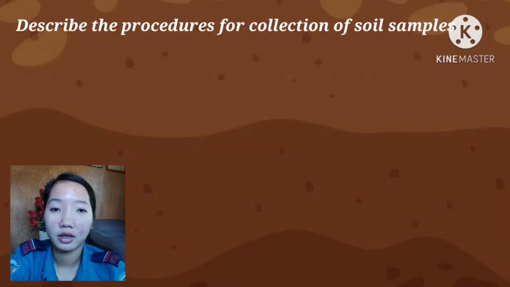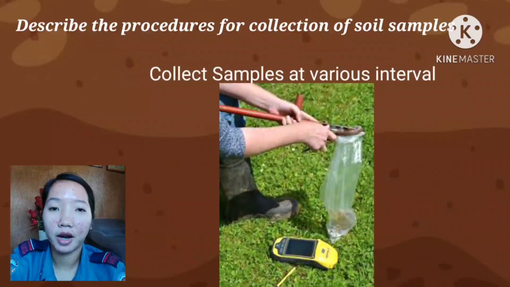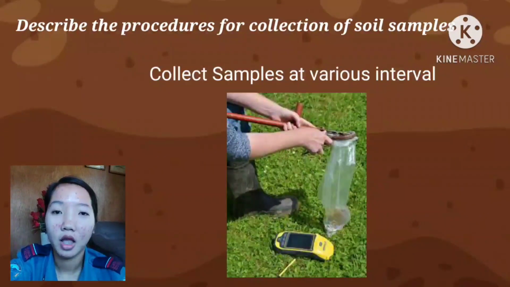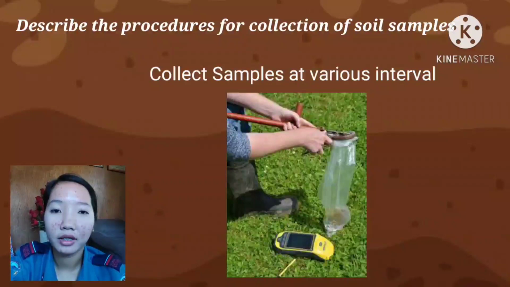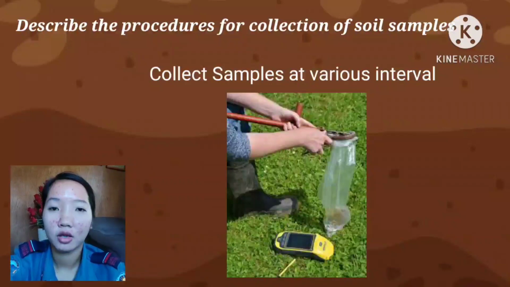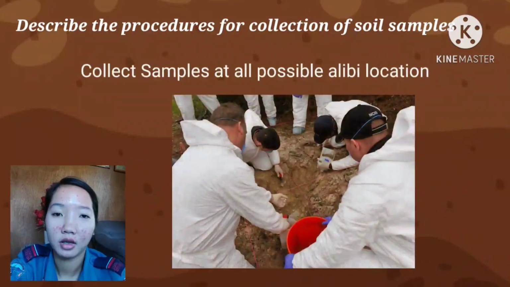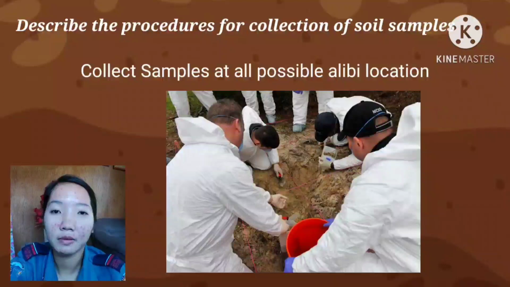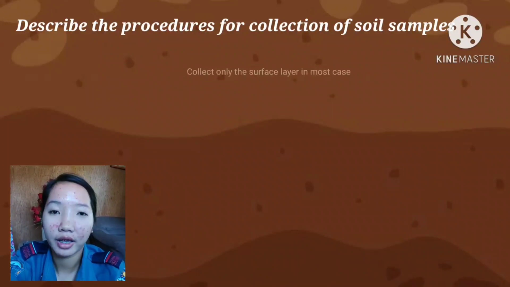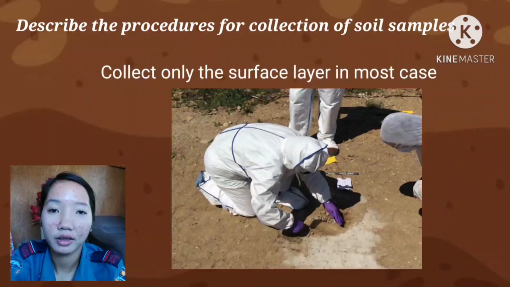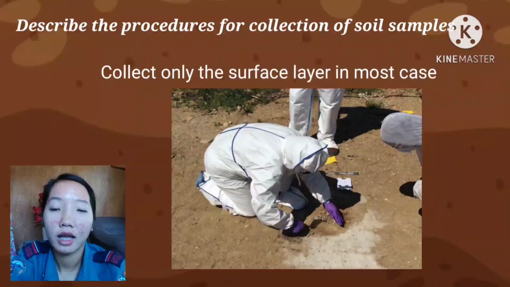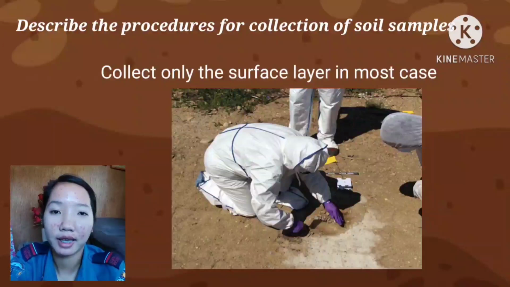First is collect samples at various intervals within a 100-yard radius of the crime scene. Second is collect samples at all possible alibi locations that the suspect gives. The third is collect only the surface layer in most cases.